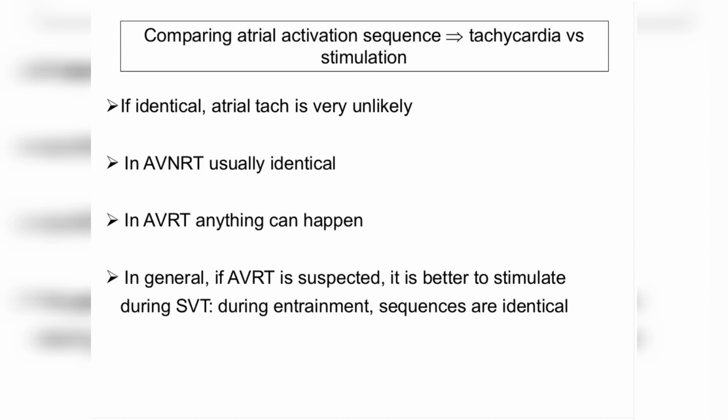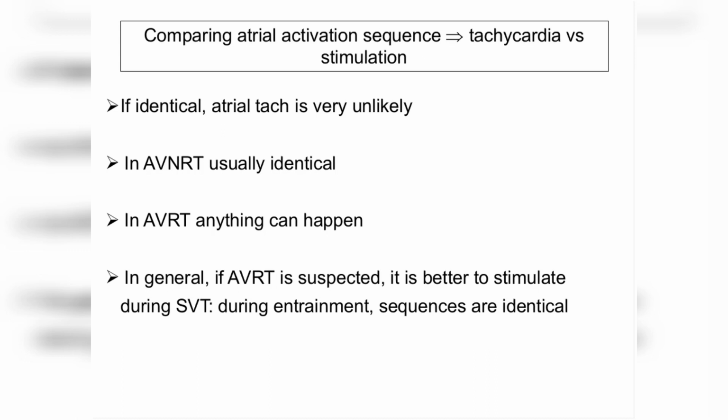This is totally different if there is an atrial tachycardia present, because then conduction from the ventricle to the atrium will proceed along the AV node, and the resultant activation sequence of the atrium will be different than during tachycardia that is originating at any site.